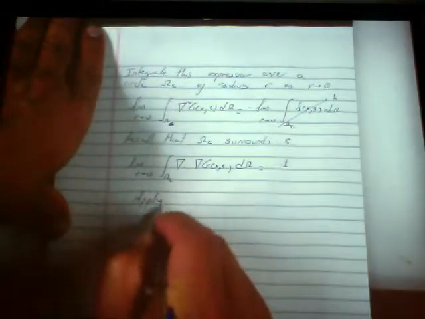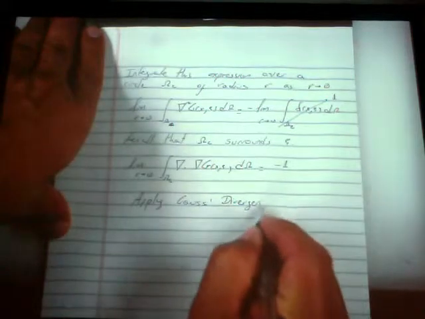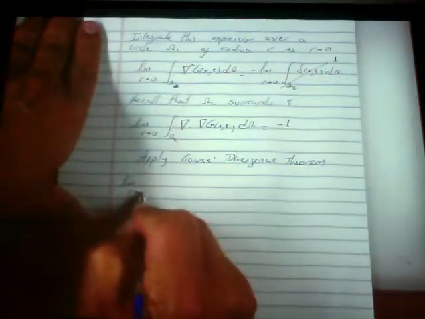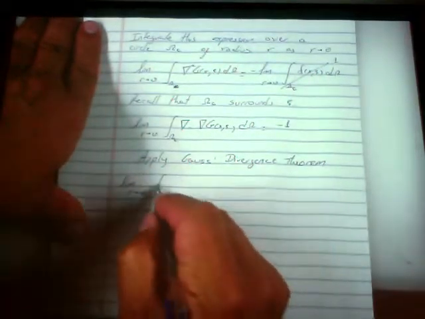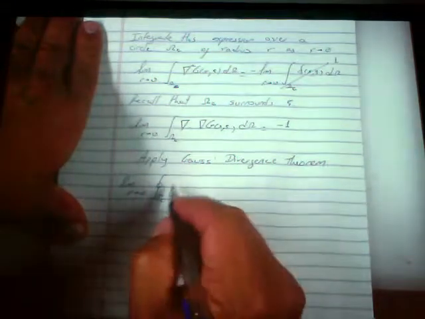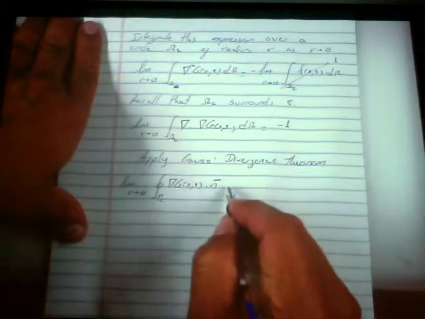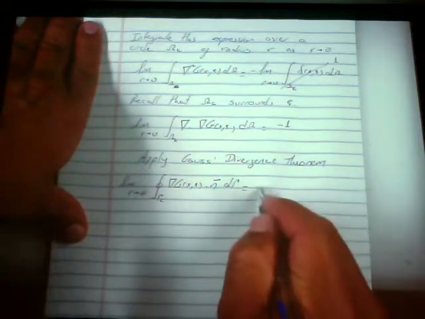Apply Gauss's divergence theorem. And this will be the limit as r goes to 0 of the integral over the circle of grad g dot n d gamma is equal to -1.